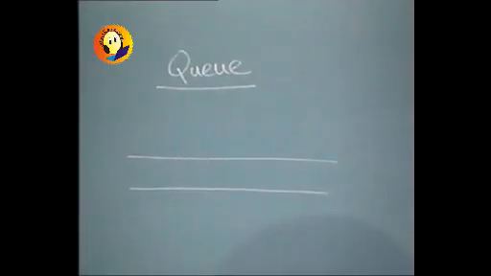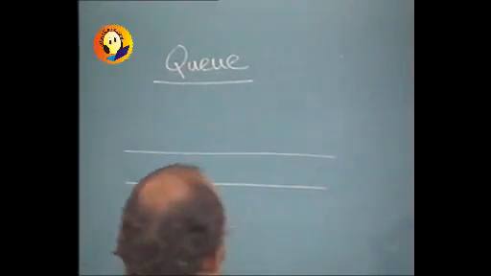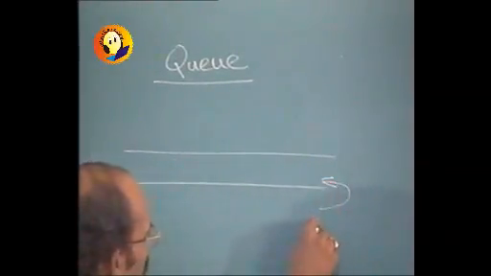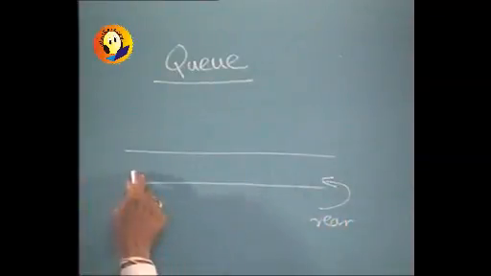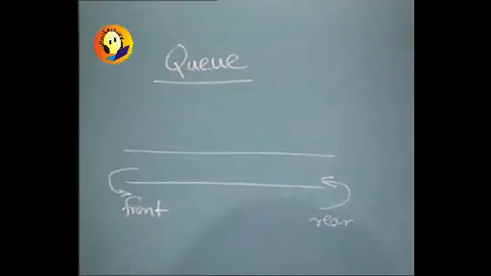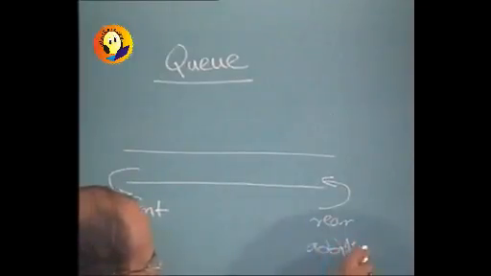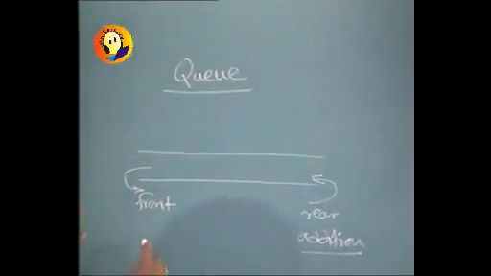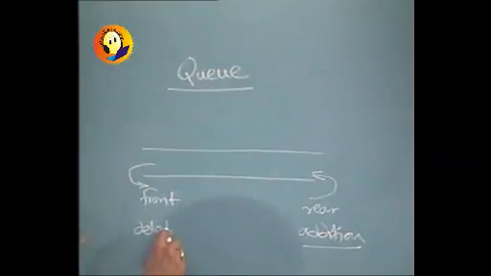So we will be talking about two ends of the queue, namely the rear end and the front end. Okay, one end will be for the addition and the other end will be for the deletion of the elements.